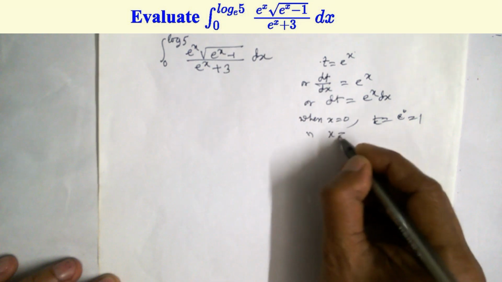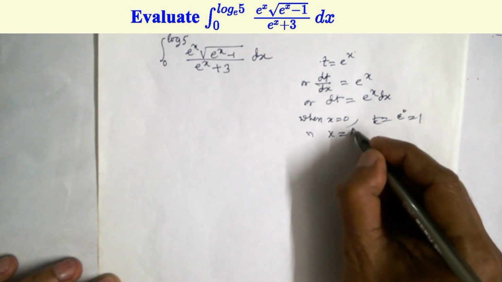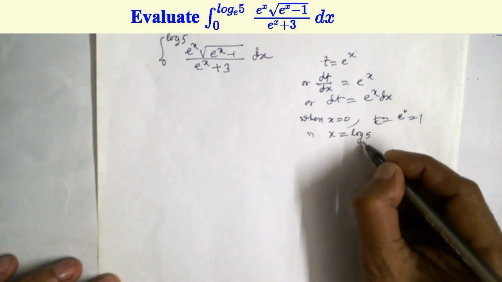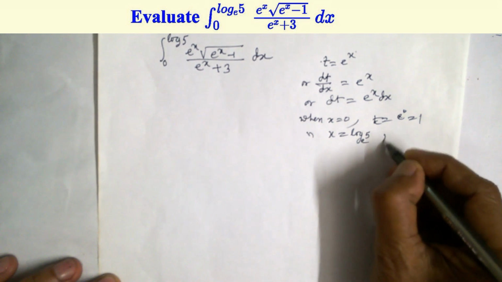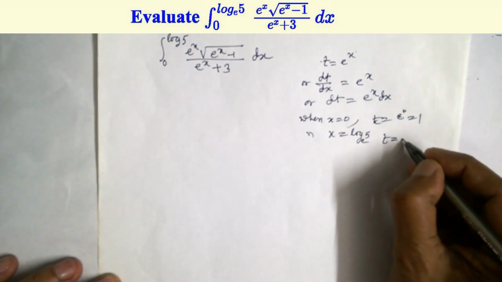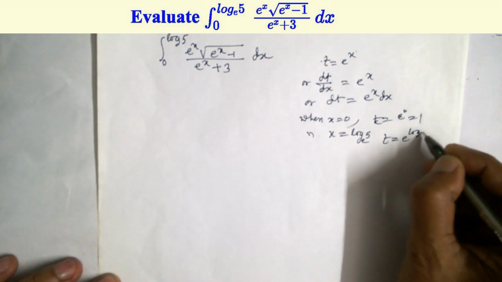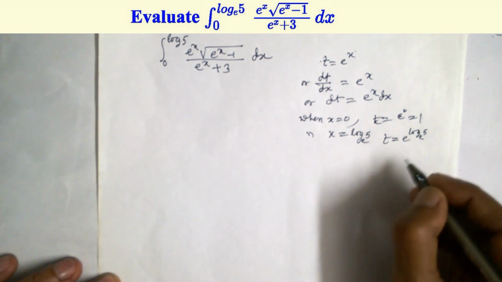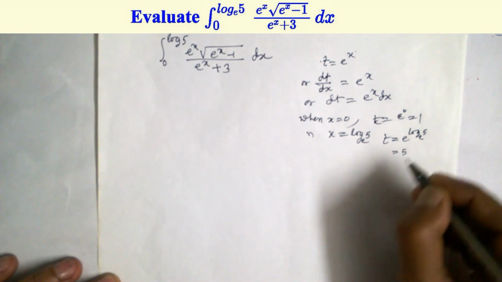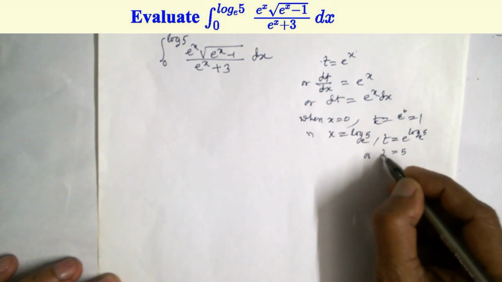When x is equal to log 5 to the base e, t is equal to e to the power log 5 base e, that is equal to 5.